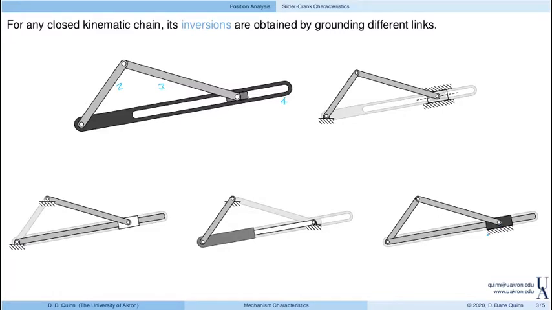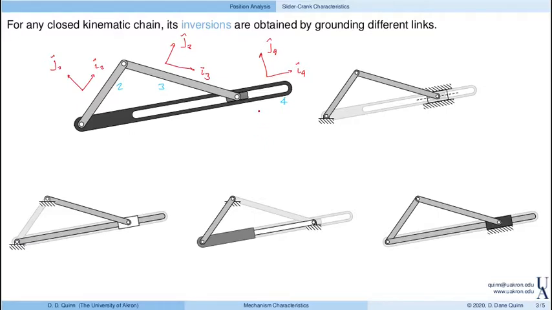So if I look at the loop closure equations for these links, let's set some directions up. We'll set I2 and J2 along link 2, I3 and J3 along link 3, and finally, we'll define I4 and J4 to be fixed in link 4.